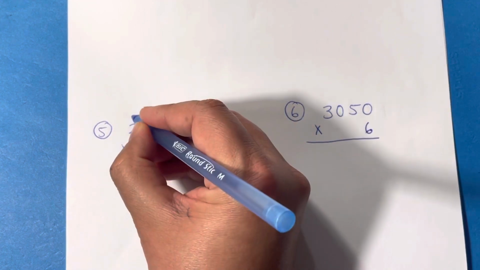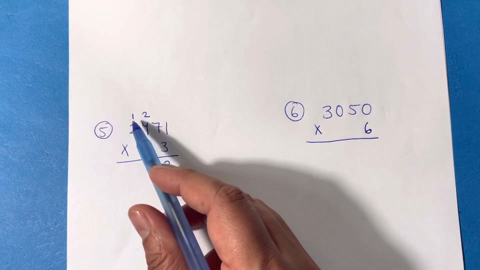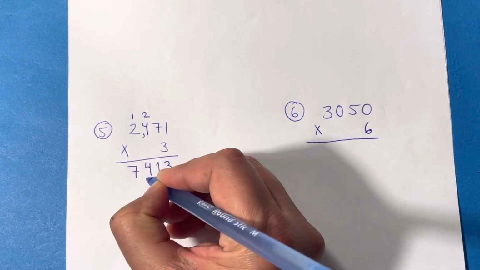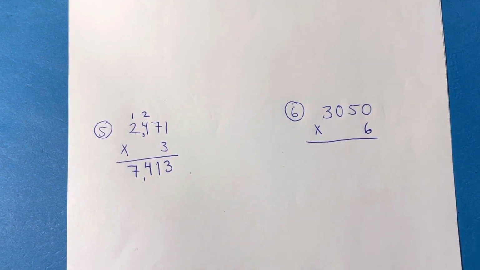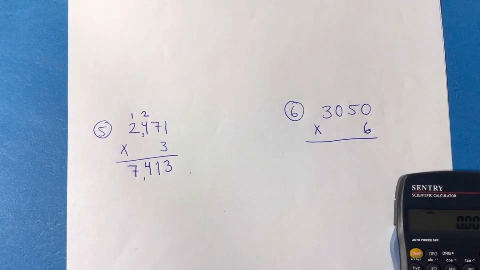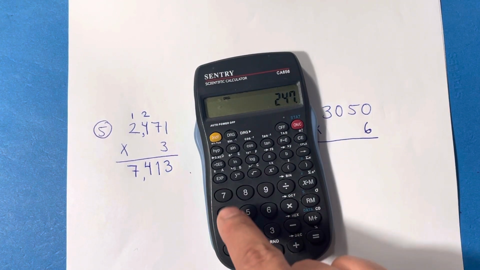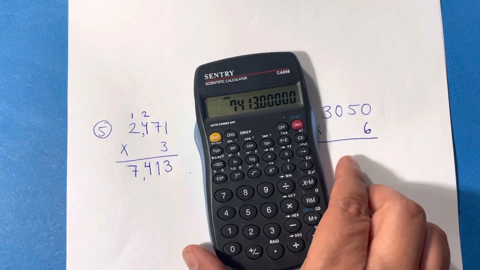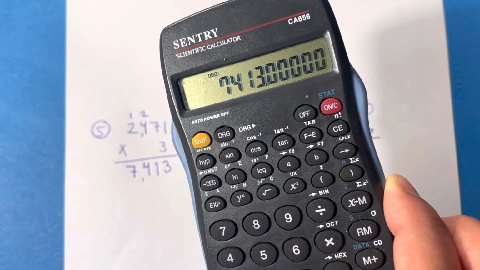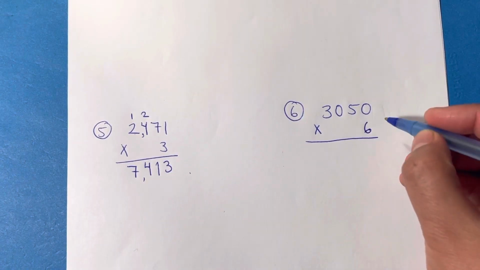So I put the 4 and carry 1. 3 times 2 is 6 and 1 is 7. We count and put the comma. And don't forget to check with your calculator. 2,471 times 3 equals 7,413.